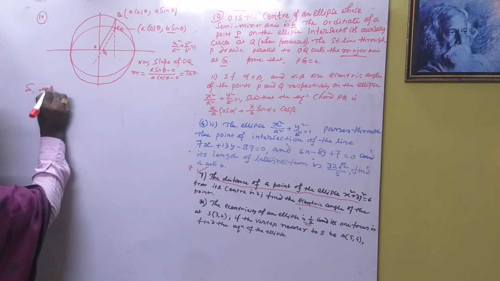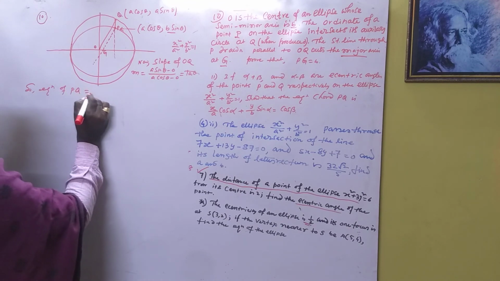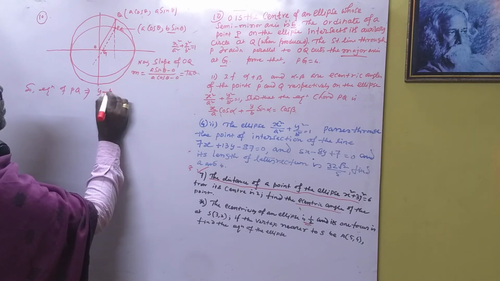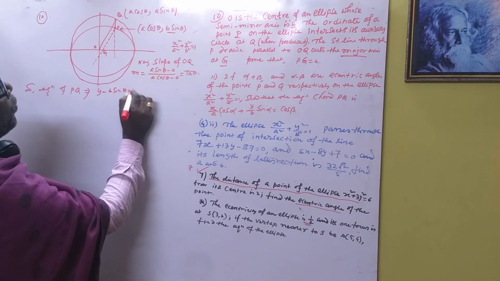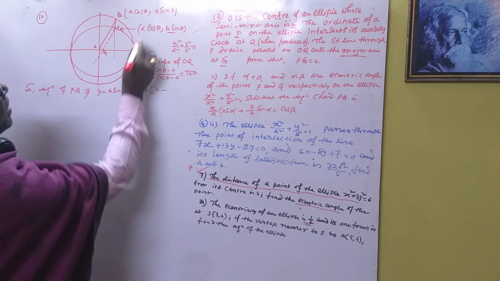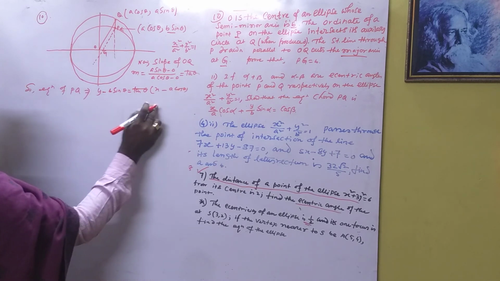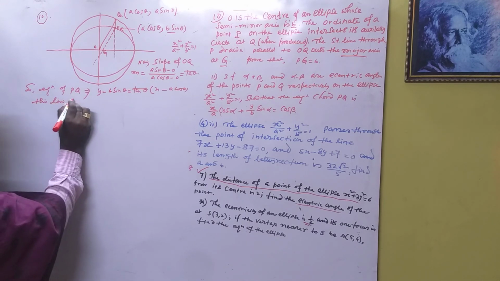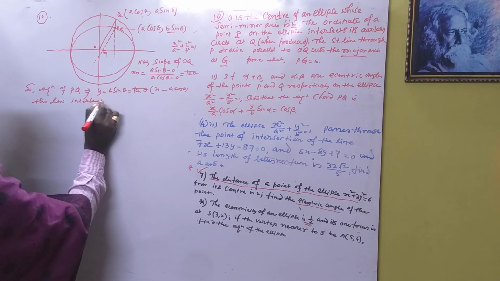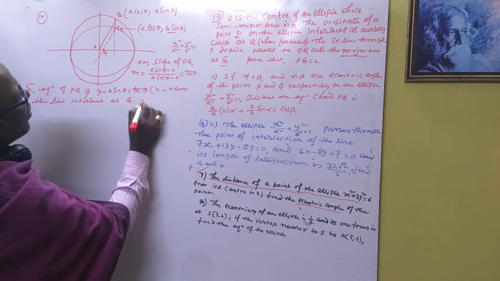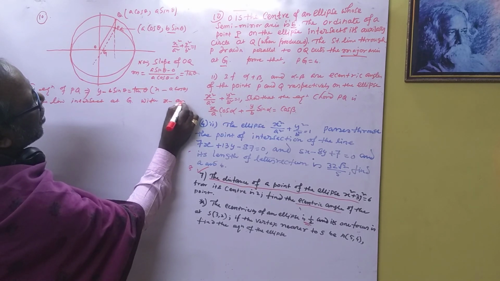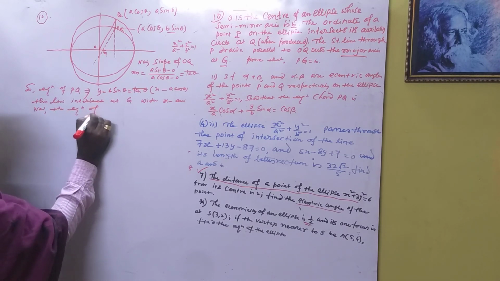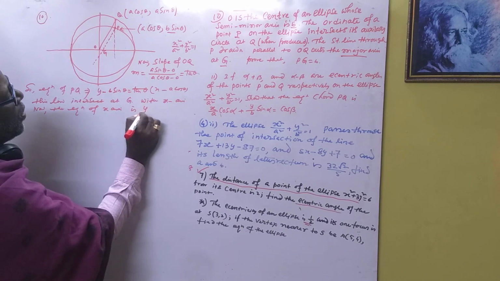So the equation of PG is through P, that is y minus y1, that is y minus B sin theta, and slope is tan theta, at x minus A cos theta, and this line intersects the x-axis at G. Now the equation of the x-axis is y equal to 0.